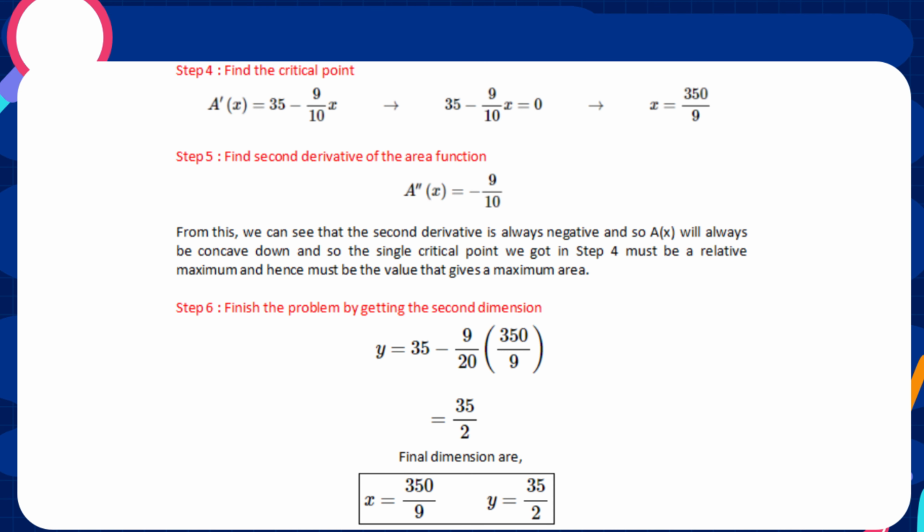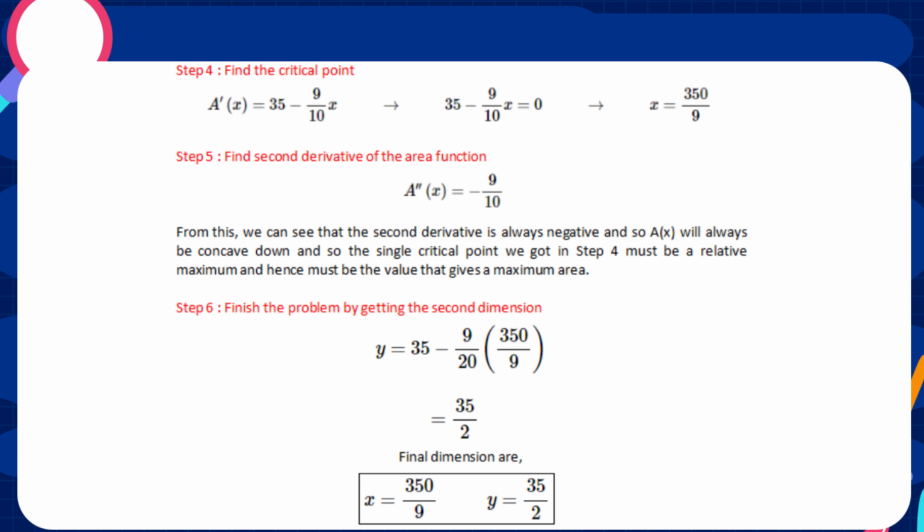Finding that critical point for this shouldn't be too difficult at this point, so here is that work. A'(x) = 35/2 - 9x/10, which becomes 35/2 - 9x/10 = 0, and our x is 350/9.